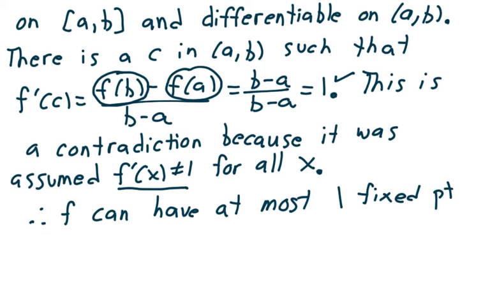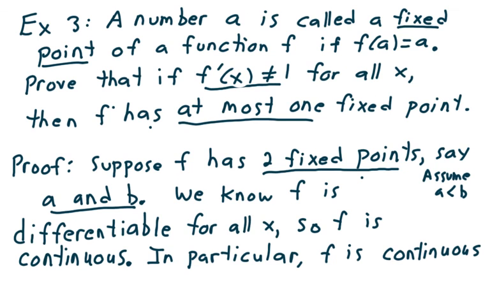Let me say that again. So when we did this, we assumed f had 2 fixed points. And then we also assume A is less than B. Okay? f is differentiable for all x, so it's continuous.